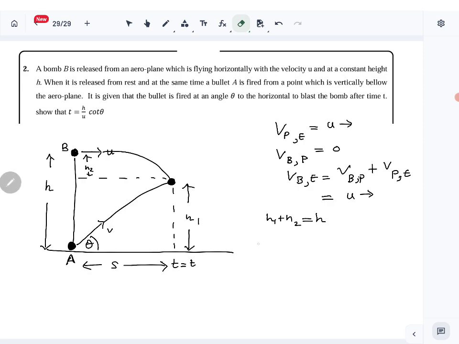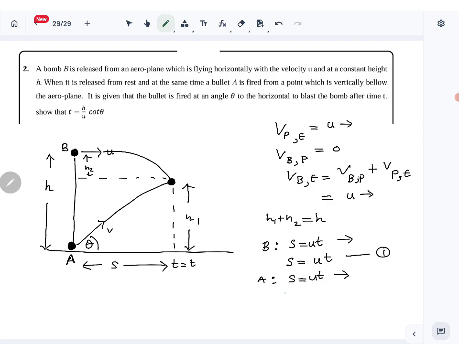So first, for the bomb, horizontally, s equals just ut, right? So that's the first equation. Then for bullet A, same thing, horizontal motion, s equals ut.